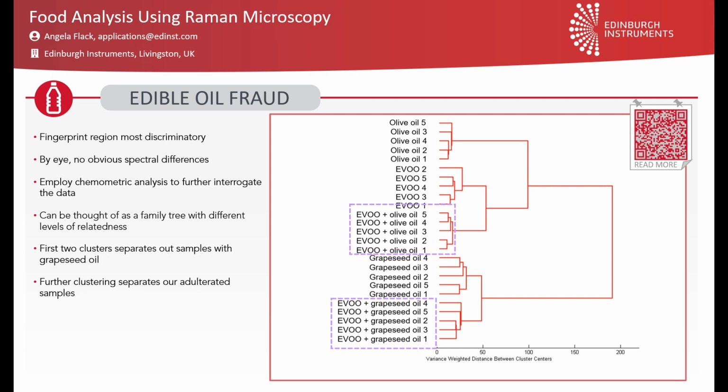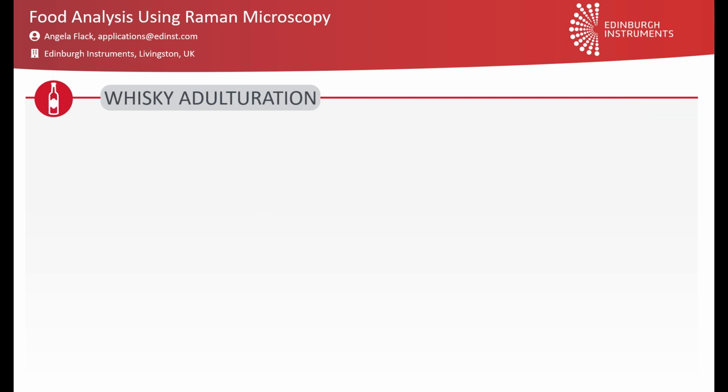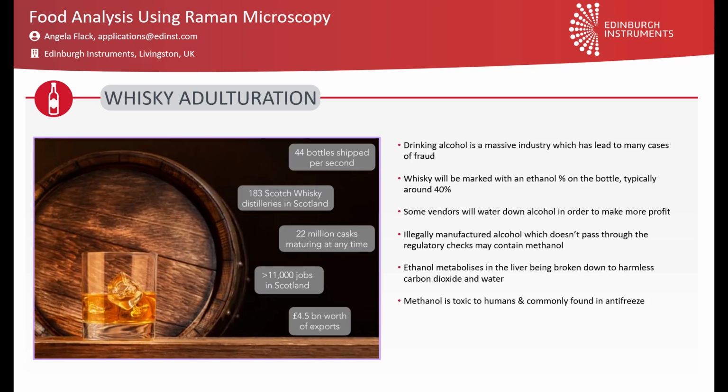Now let's move on to the drinks industry, which is a massive industry bringing in high amounts of revenue, meaning it's susceptible to fraud. Focusing on spirits, and specifically whiskey, since we're a Scottish company, we'll discuss 2 types of fraud. Firstly, the watering down of alcohol with water in order to make more profit.